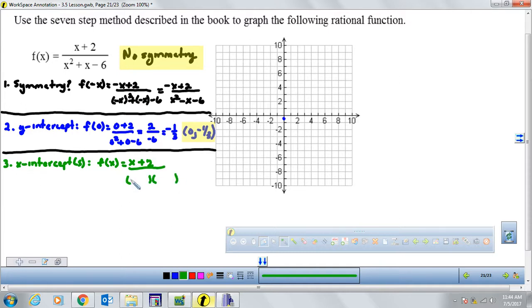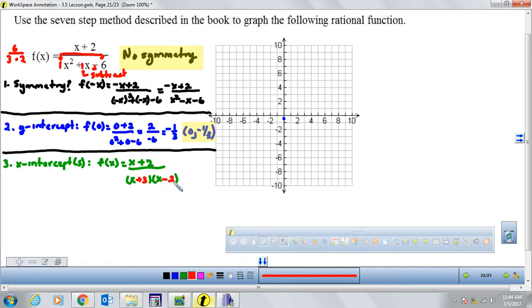For the denominator, we need to multiply a times c because it's a trinomial. So we have 1 times 6, which is 6. We need to find two numbers that multiply to 6, and when we subtract them, they give me a 1. So that would be 3 times 2, positive 3 and negative 2.